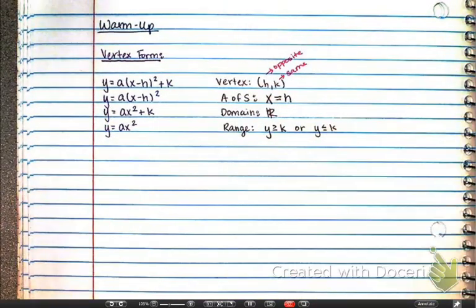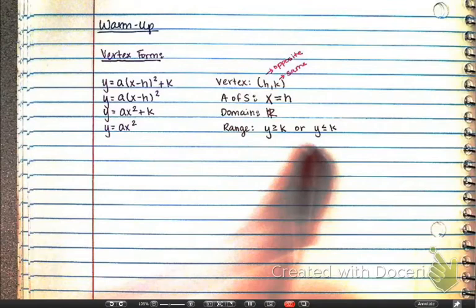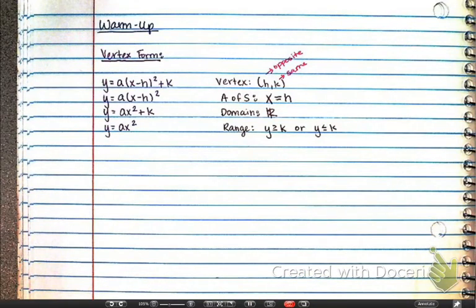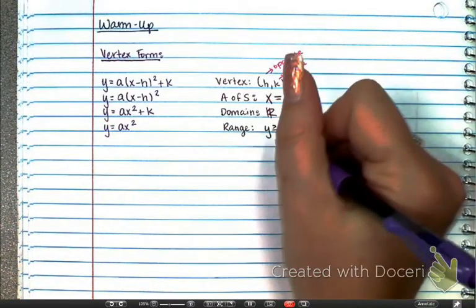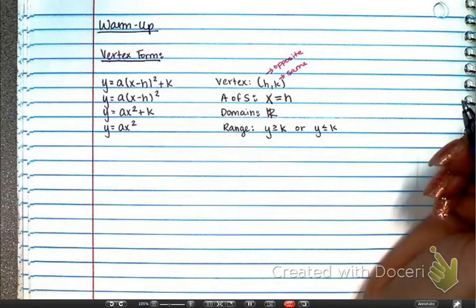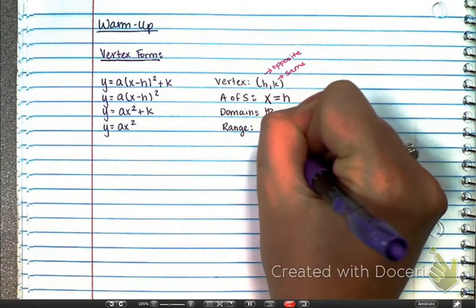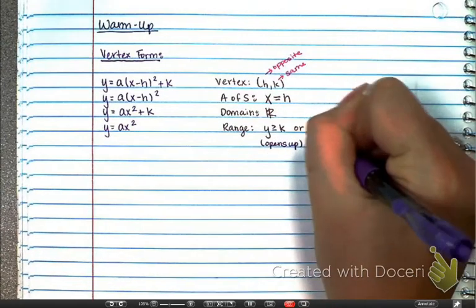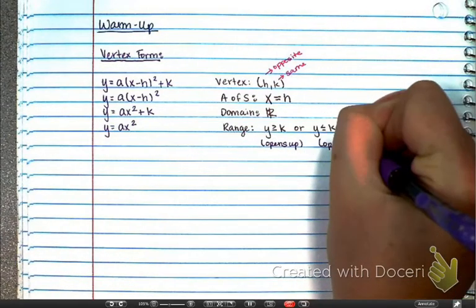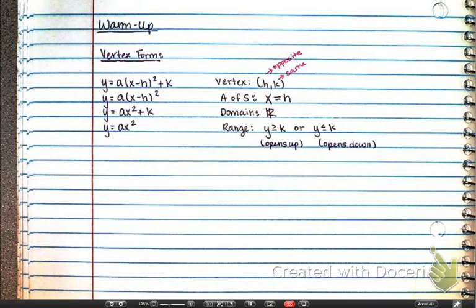First of all, why did I choose k? It's the y value of your vertex. And how do we know when to use greater than versus less than? Okay, which one's up? The greater than. So when your parabola opens up, you're going to use the greater than. And when it opens down, you're going to use the less than.